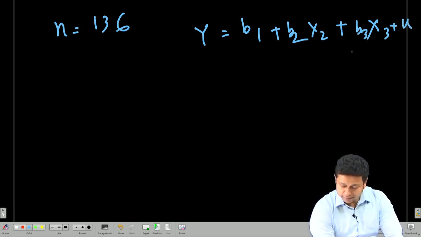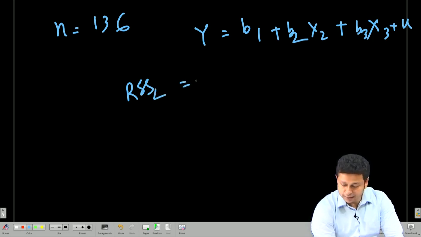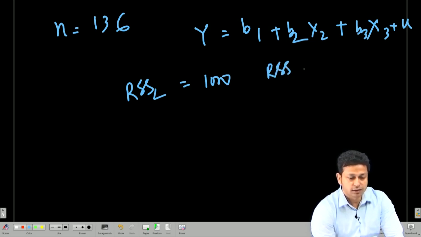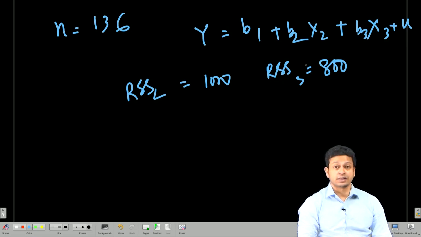Then let's say the residual sum of squares RSS large is 1000, and RSS small, or RSS1, is 800. Now I have to say if this model has heteroscedasticity or not.